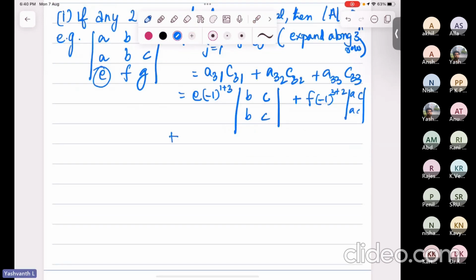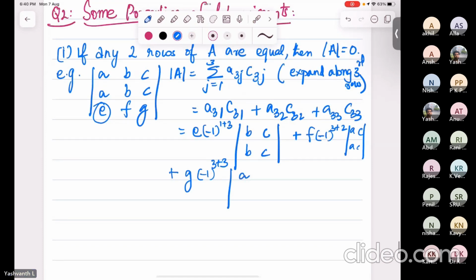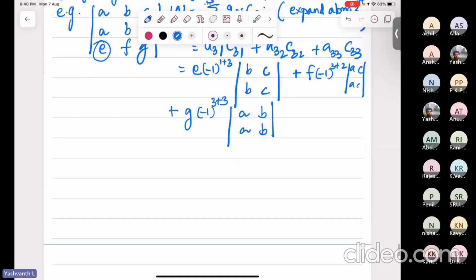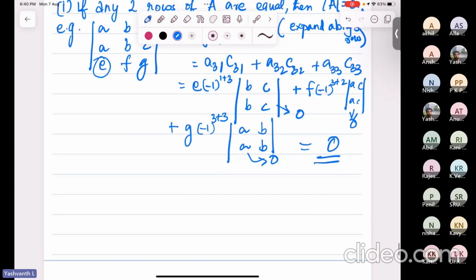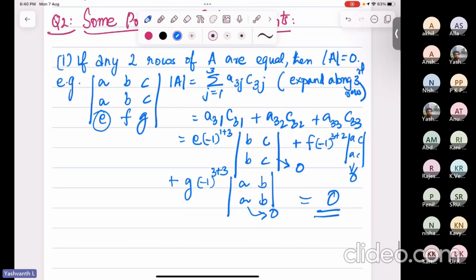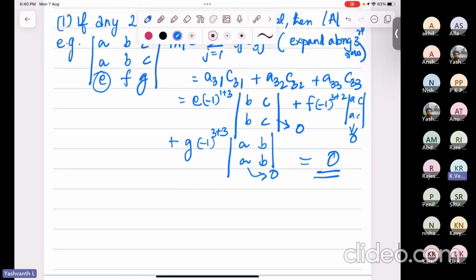Then plus A33 is equal to G times minus 1 power 3 plus 3. This one will be AB. Now, this determinant is 0. This determinant is 0. This determinant is also 0. So total is 0. So if there are two rows of a matrix which are equal, the determinant is always 0.